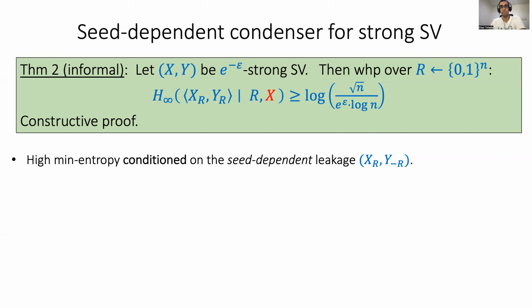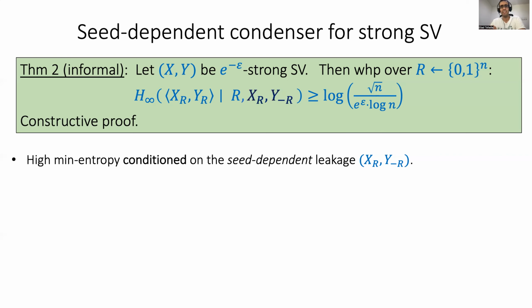But when we condition on XR and Y minus R, we cannot write the inner product of XR, YR as an inner product of two independent sources. Therefore, the proof is done by completely different techniques.